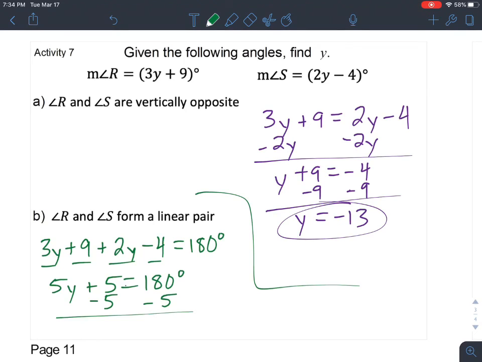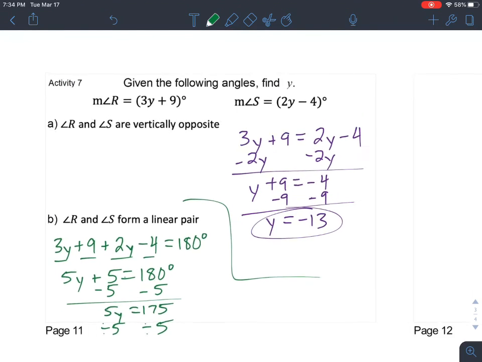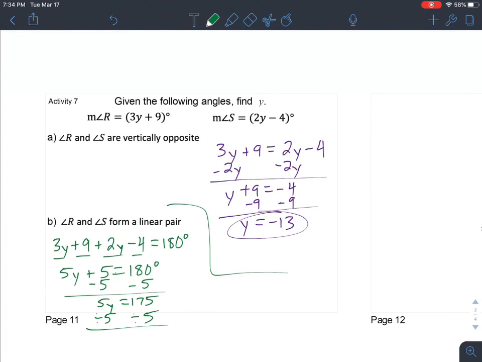We're going to subtract 5 from both sides. Then we have to divide both of these by 5. And you will get that y is 35.